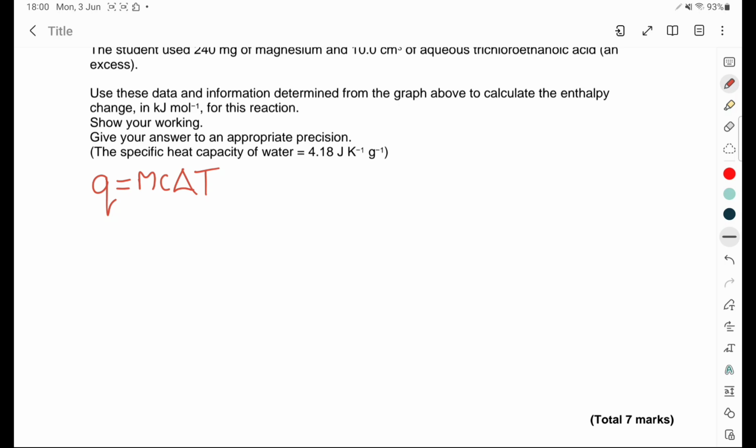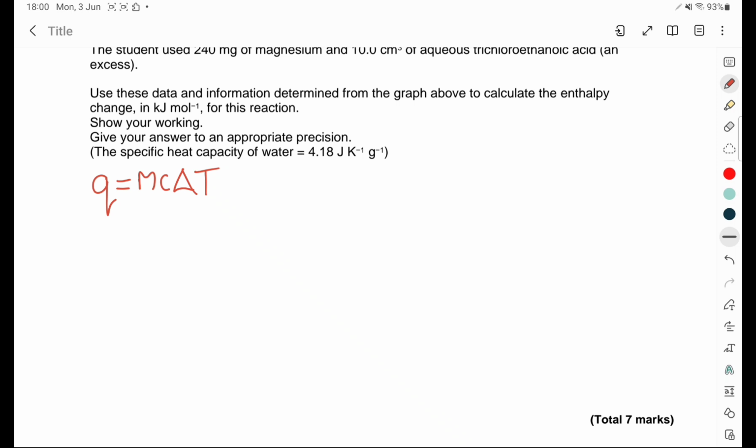In all of these examples, what you will find is that you're either mixing 2 solutions or you're putting a solid into a solution. The mass that we use is the mass of the solution. This, of course, isn't really strictly speaking true. This is an approximation. However, it's a very good approximation, and we're using the specific heat capacity of water in this. So c is the specific heat capacity of water.